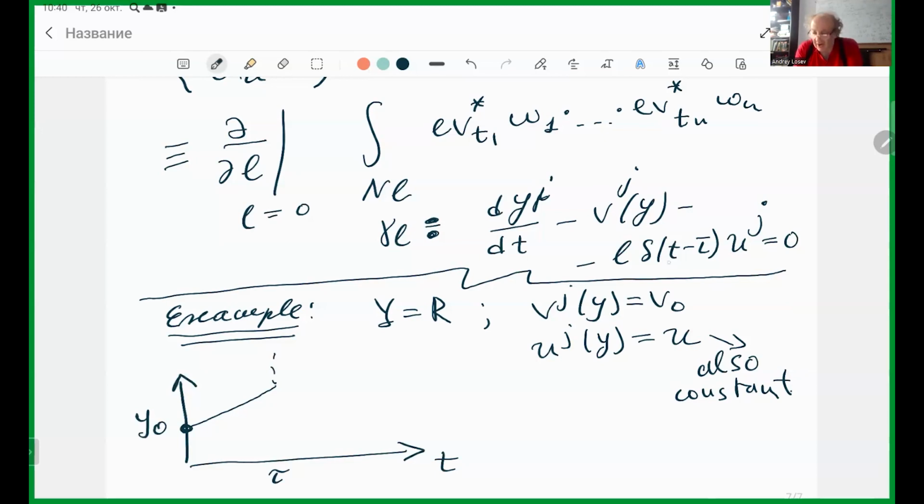At the point tau, we have a jump. And then we continue with the same speed. So what is the value of this jump? UL, of course. So this is the explicit description of the gamma L trajectory. Okay?